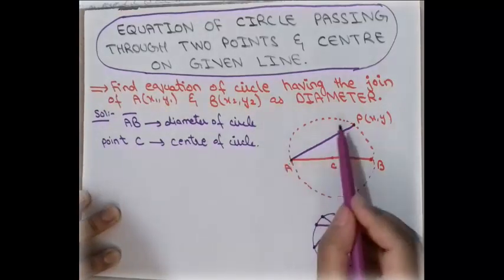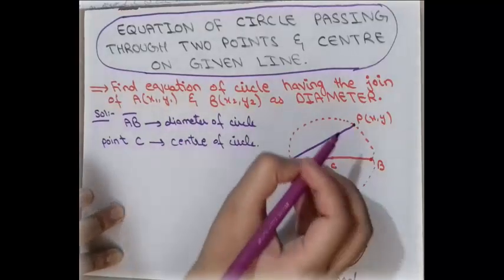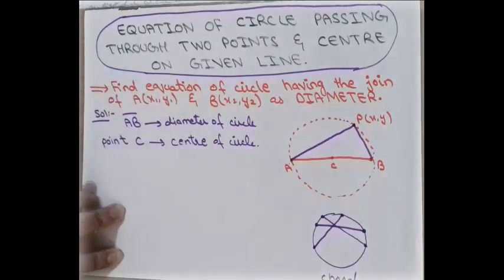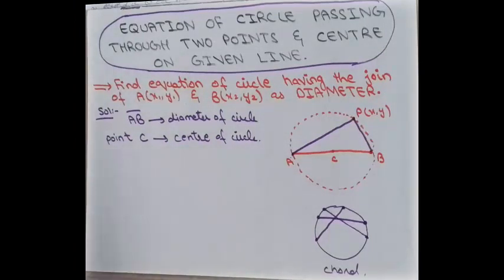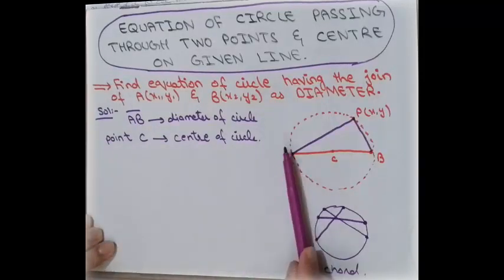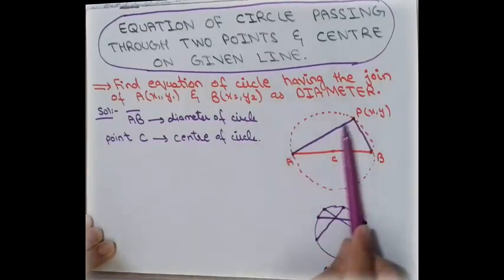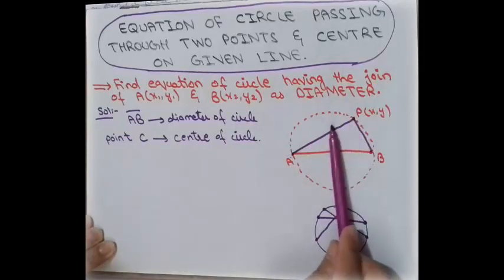We join points A and P by a line or a chord, and in a similar way we join points P and B. Now the question in our mind is what we do next. Basically we use the theorem that if we join both ends of a diameter to any point of a circle, then both the chords are perpendicular to each other.